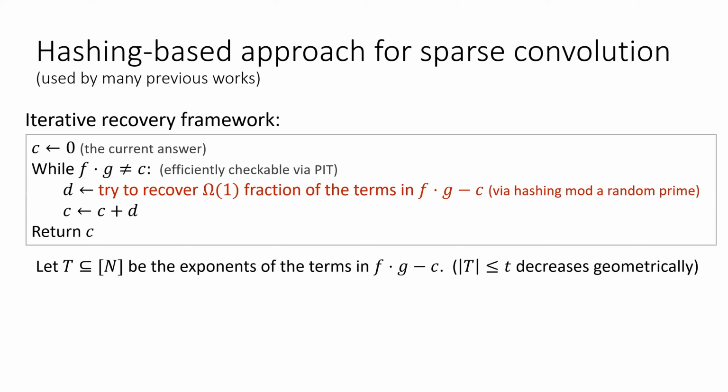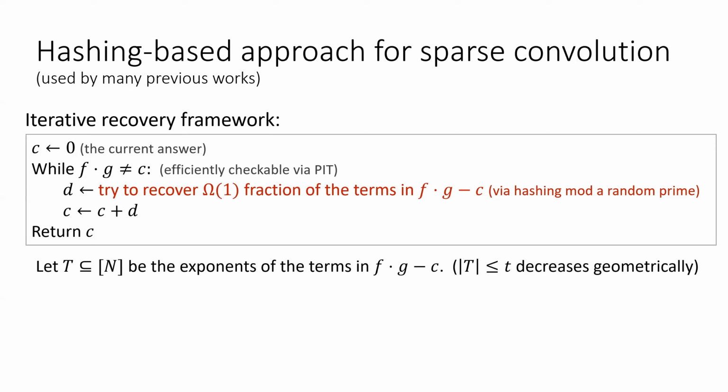And to do this efficiently, we want to pick a prime that is small so that the FFT can be efficient. But at the same time, we also want the hash to have high quality when applied to the set T, so that we can use the hashed version of the answer polynomial to actually recover a constant fraction of the terms. And we want to understand the trade-off between the size of p and the quality of the hash function.